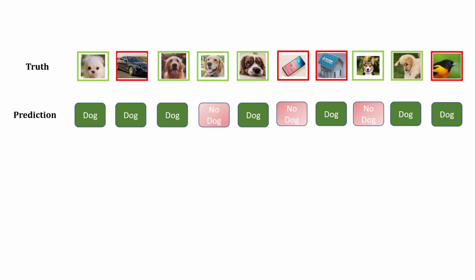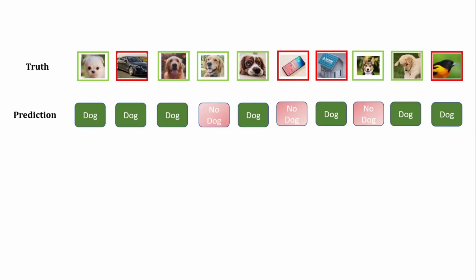Now, I have grayed out no dog predictions. So we just think of predictions as your base, and let's only talk about positive predictions, which is dog. That's why I'm graying out the no dog predictions. So forget those for now, and you have a total of 7 dog predictions.